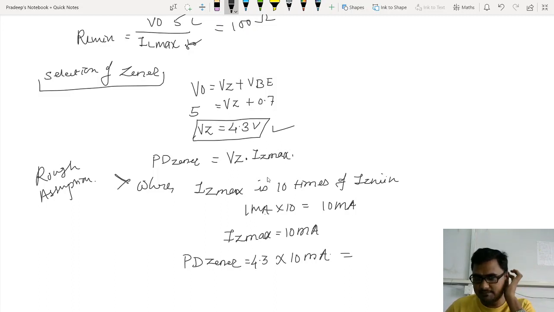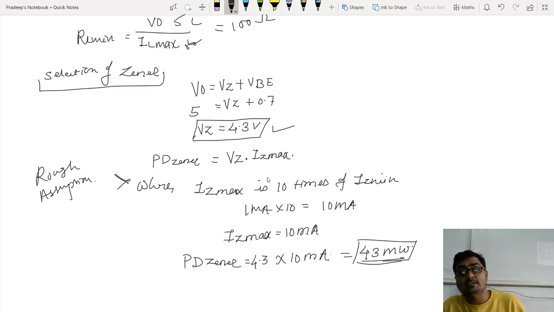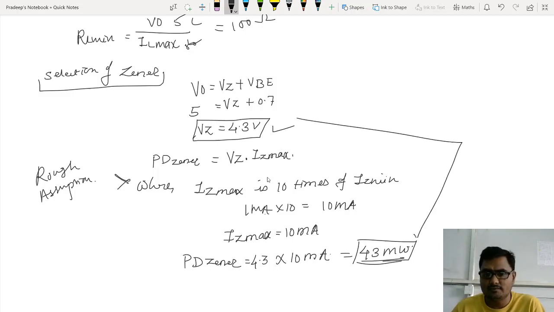So 4.3 multiplied by 10 milliamperes must be 43 milliwatt. So 43 milliwatt is the power rating, or power dissipation, of a Zener. So by using these two parameters, I can select the Zener diode.